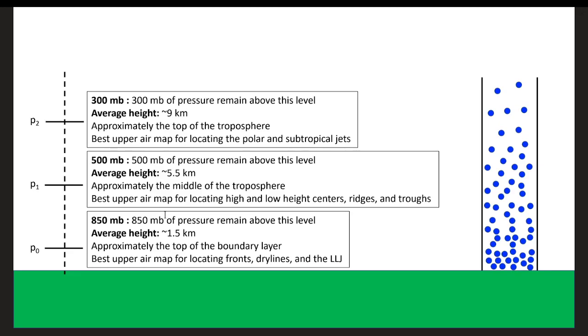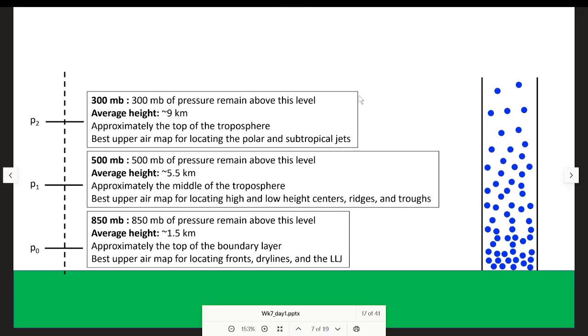And this is about the top of the troposphere. And this is the best upper air map for locating the polar and subtropical jets. So yeah, in my opinion, the ridges and troughs are the polar and subtropical jets, so that's why I look for both of them in this upper level.